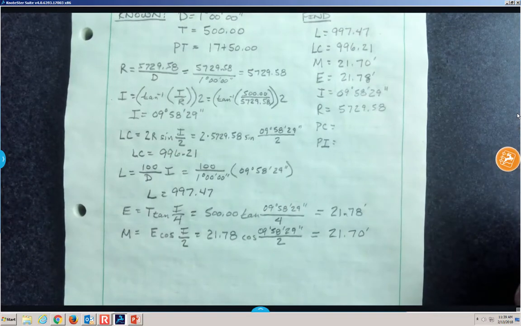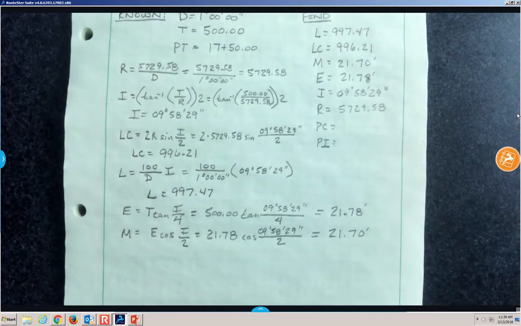Is the M always going to be smaller than the E? No, not always. It depends on how bulbous the curve would be. If it's a real extreme curve, like over a 90-degree I, the E will be smaller than the M. A really good example of that would be a cul-de-sac.